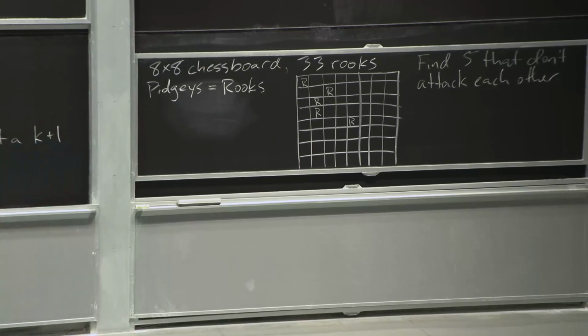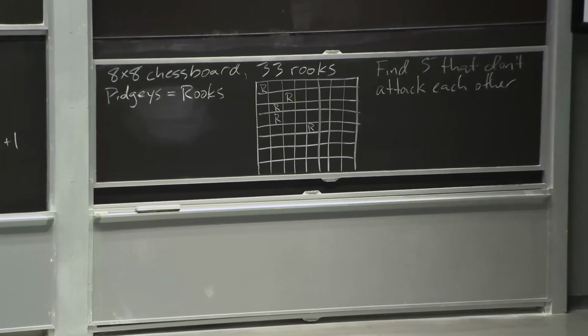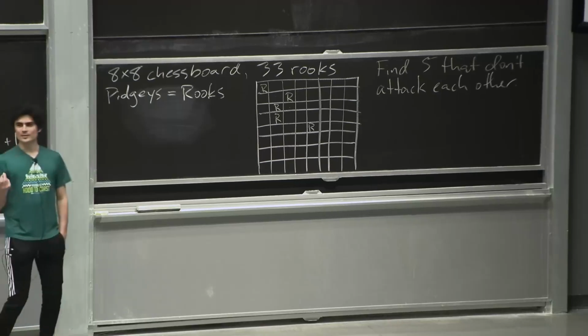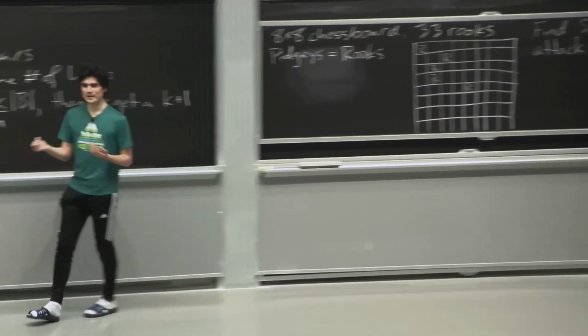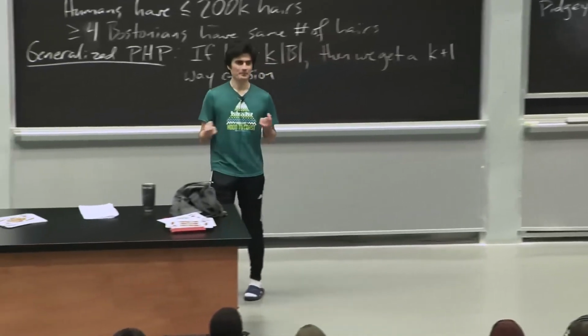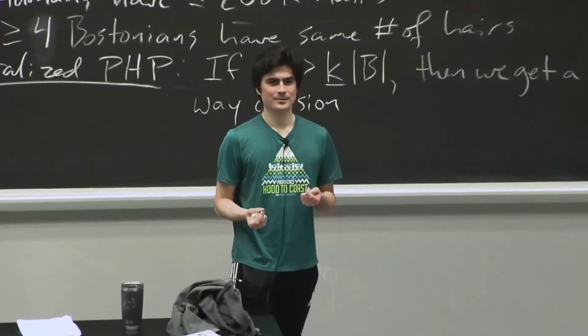Okay. Now, what should our pigeonholes be? We want to set it up so that if we get a 5-way collision, those 5 rooks do not attack each other.